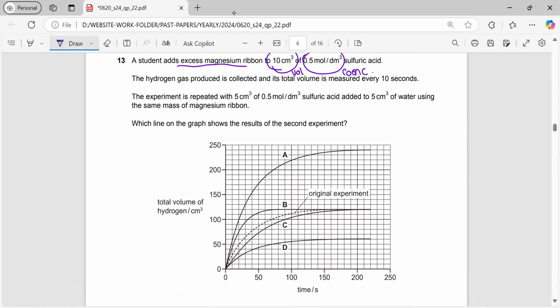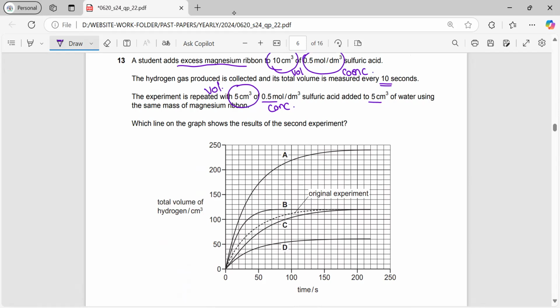The hydrogen gas produced is collected and its total volume is measured every 10 seconds. The experiment is repeated with 5 cm³ of the same concentration sulfuric acid, adding 5 cm³ of water, using the same mass of magnesium ribbon.